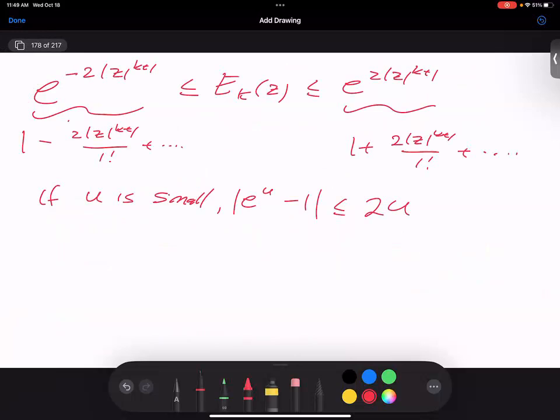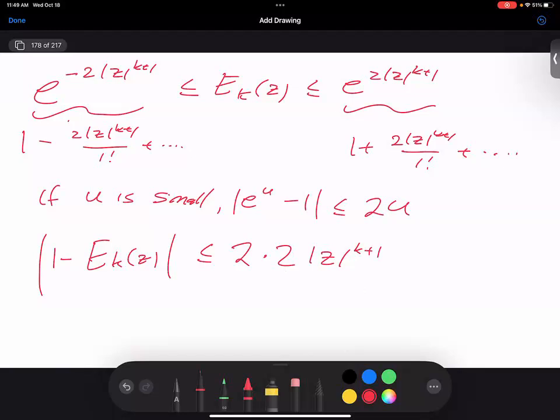So we basically get, e_k of z, 1 minus that should be less than or equal to 2 times 2z^(k+1). And so this is a way of proving that we are extremely close to 1.